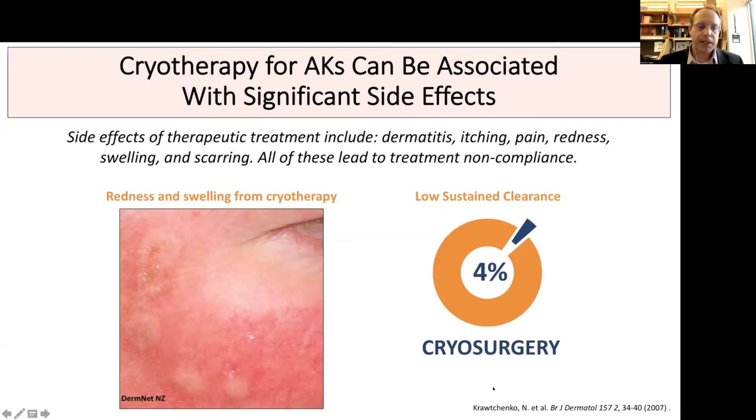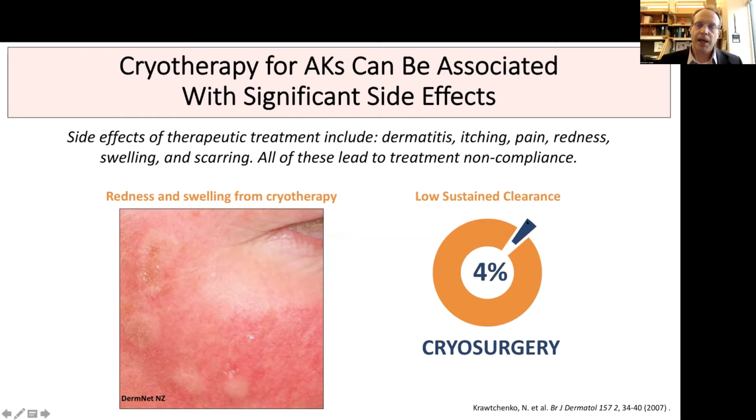But cryotherapy itself comes with some significant side effects, as do many of the current therapies for treating actinic keratoses. These include dermatitis, itching, pain, redness, swelling, and scarring. Here on the bottom left is an image of some significant redness and swelling from cryotherapy. A lot of these side effects can lead to patients not wanting treatment for further actinic keratoses, or treatment non-compliance if they're using certain topical field therapies, which we'll discuss more.